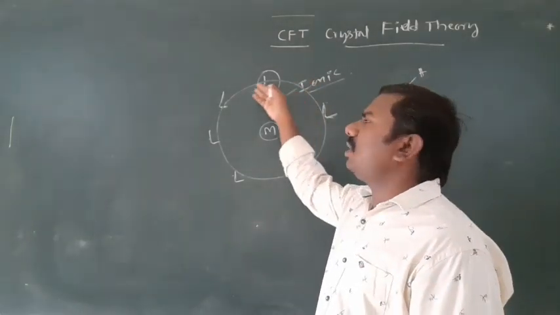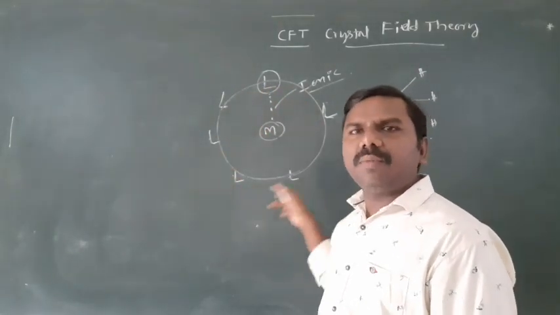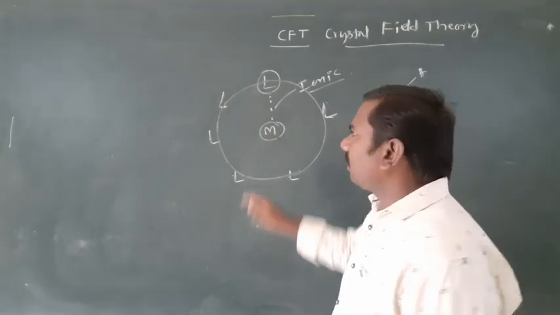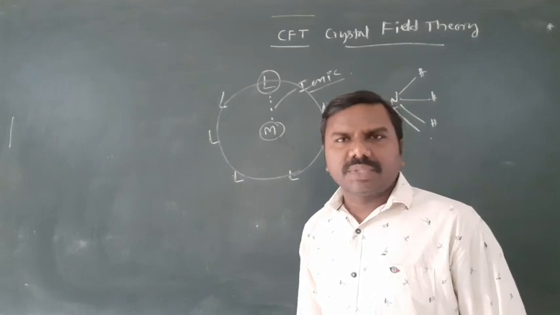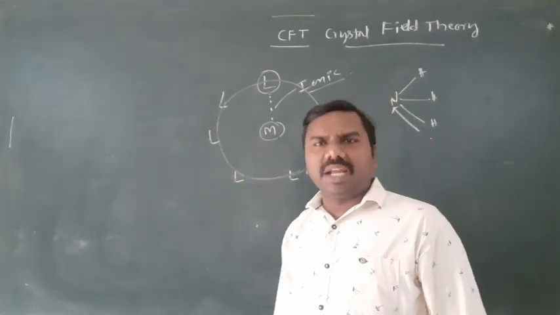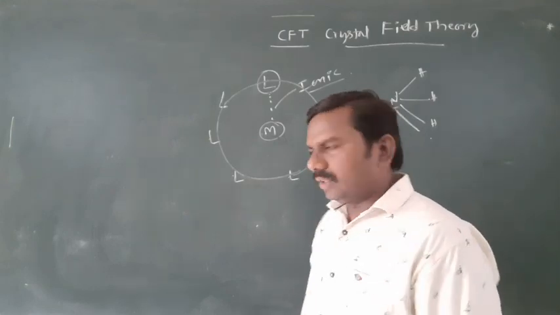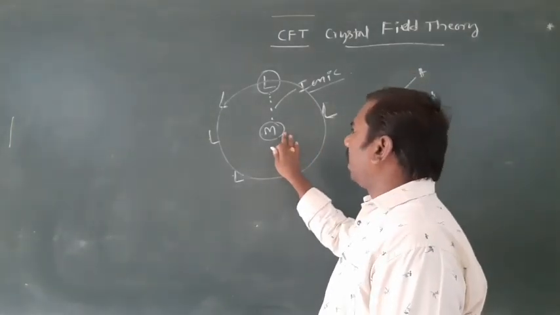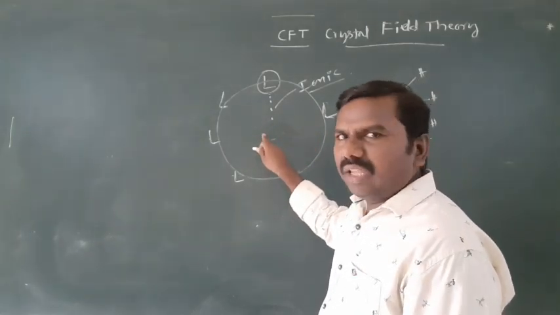So now around the central metal atom a negative charge field will be formed. That must be a spherical symmetrical field. Spherical symmetrical: if you cut in any direction, you get two equal half parts. Now, the central metal atom is a d block element.